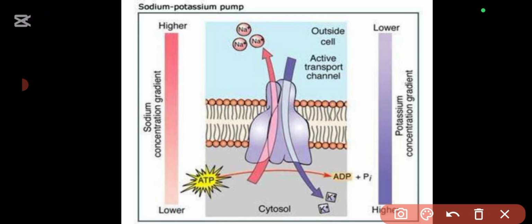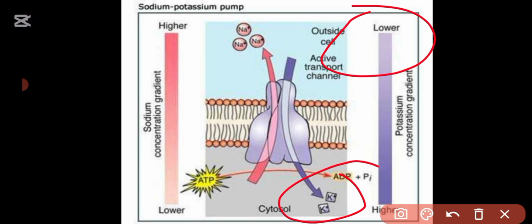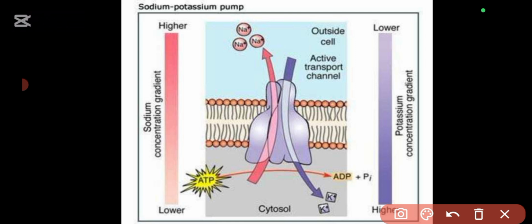Okay, so concentration of potassium though is lower outside and is higher inside, and it is still moving in that direction. Do you get it? Potassium is still moving in the direction where concentration is higher. So that is all about active transport.